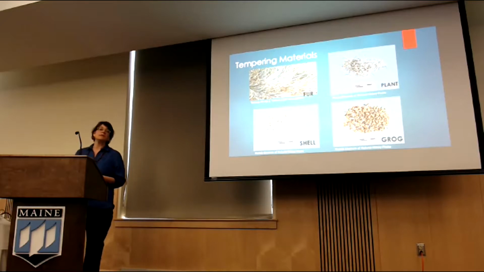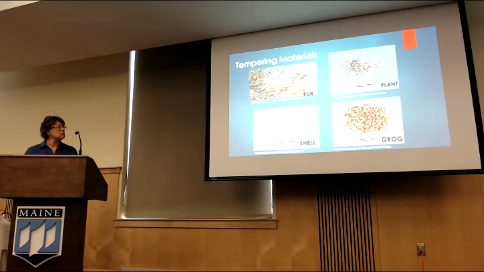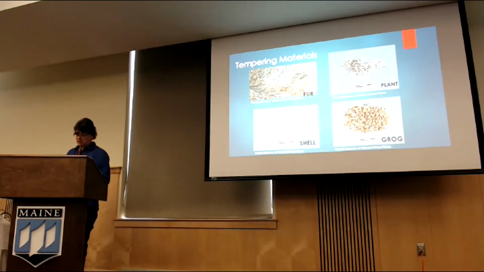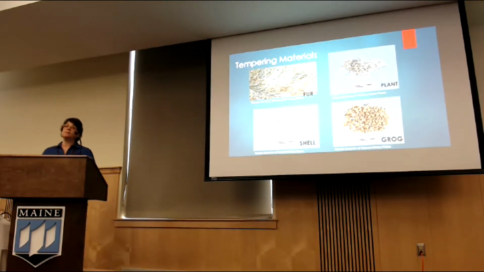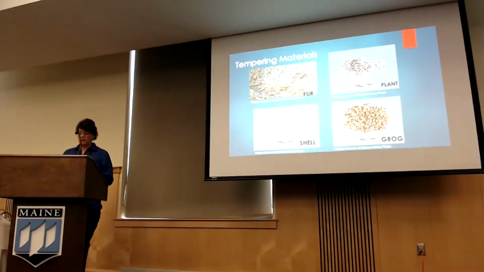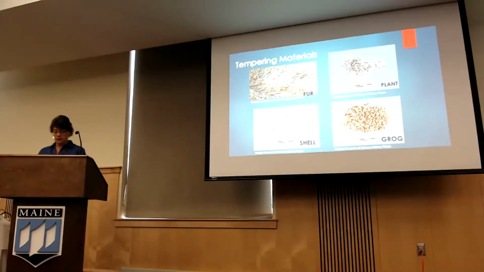And each of these materials has technological advantages and disadvantages, and their use is influenced by potters' histories, their skill, as well as cultural protocols which may surround pottery manufacture.